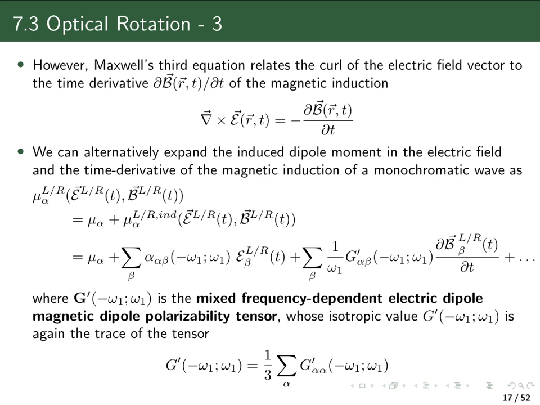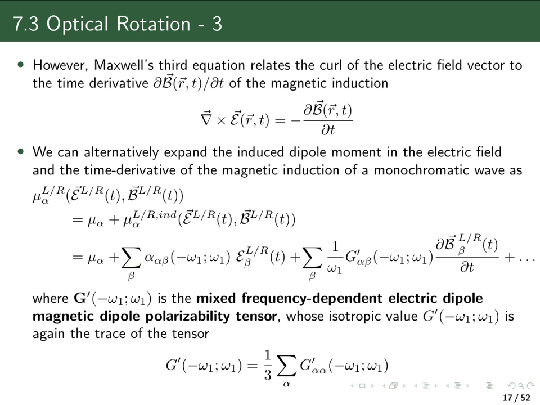And we expand this now in the homogeneous left and right circularly polarized light, and then in the derivative with respect to time of the corresponding magnetic field vector of the left and right circularly polarized light. And we get again two proportionality constants, both of course tensors.